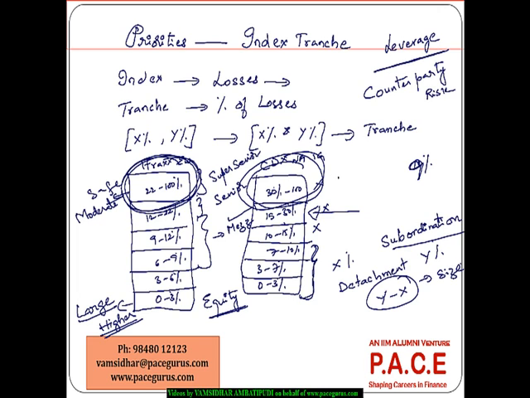So the higher the super senior tranche, I can clearly see the counterparty risk is going to be much higher, because the inability to pay will create a bigger impact on the provider, which pushes up the counterparty risk. So if I really have to look at the number of defaults, this is where a calculation comes in: the number of defaults a given tranche can withstand.